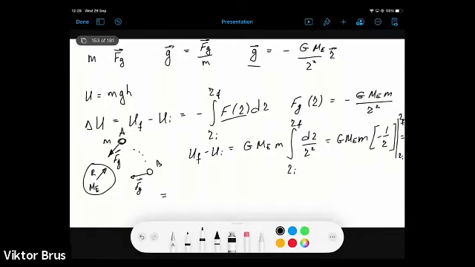So this will be equal to, now putting the minus in front, minus G times mass of the planet times mass of the object, times 1 over r final minus 1 over r initial.